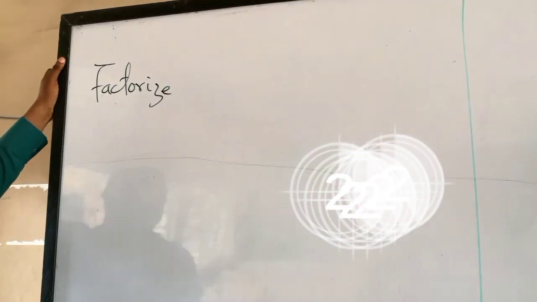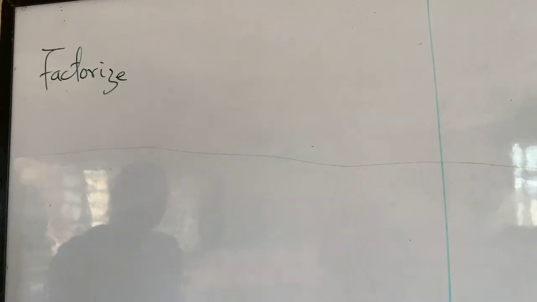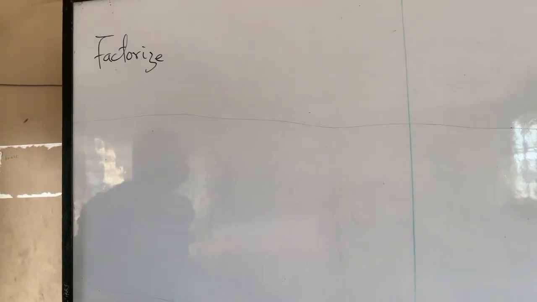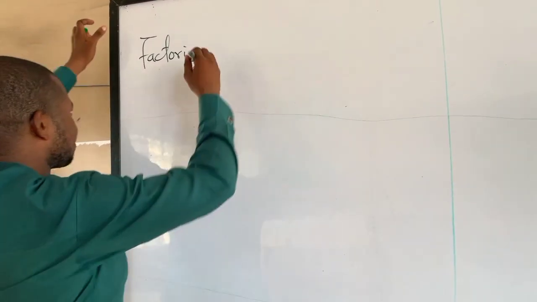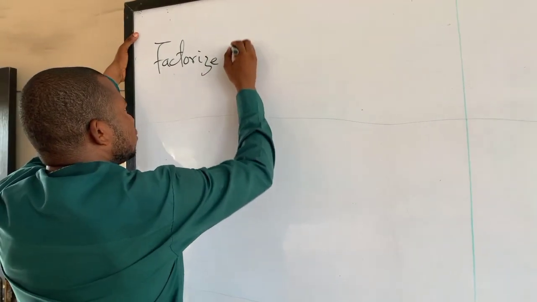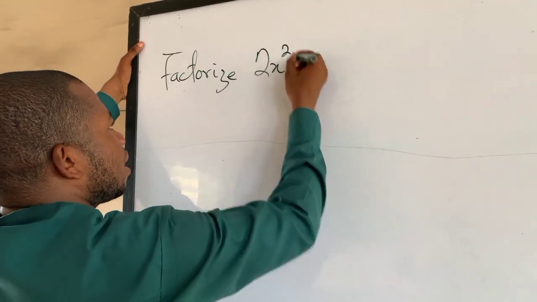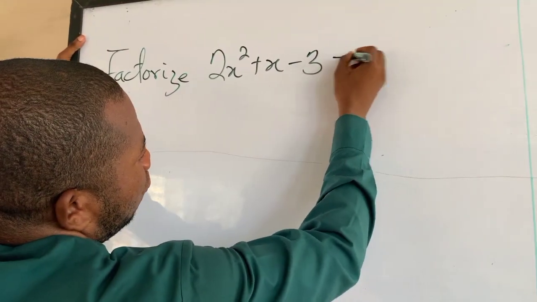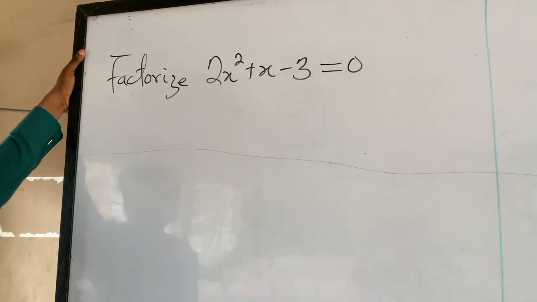Sometimes they might not tell you factorize, they can just use the word simplify. Telling you factorize, they're already giving you a clue. Factorize 2x squared plus x minus 3 equal to 0.